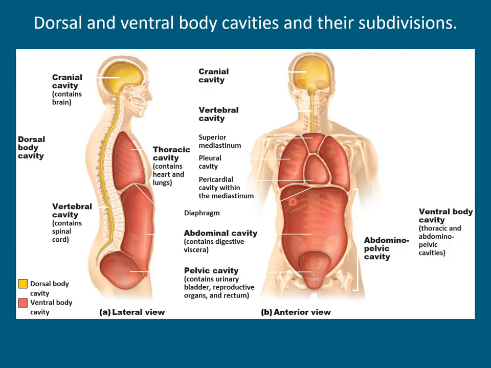Not as much protection in terms of being encased with bone around the abdominal pelvic cavities. So if you have severe trauma or injury, a blow to this area, you have a greater risk of damaging some of these internal organs versus even in the thoracic cavity, where you've got the ribs surrounding, and the vertebrae on the back, so there's more protection up here than down here.